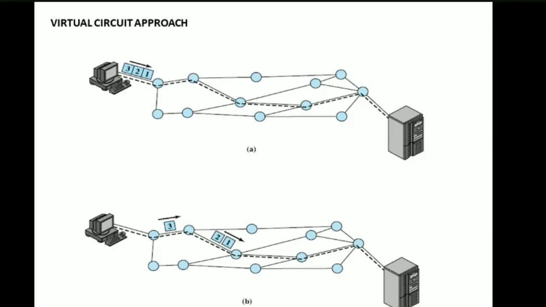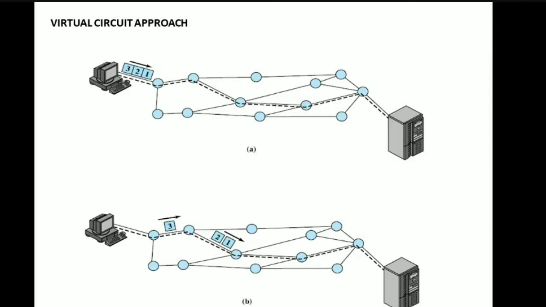Now coming to the next approach, called the virtual circuit approach. In the virtual circuit approach, it is completely opposite to the datagram approach. Here, a pre-established or pre-planned route will be established before sending any packets.